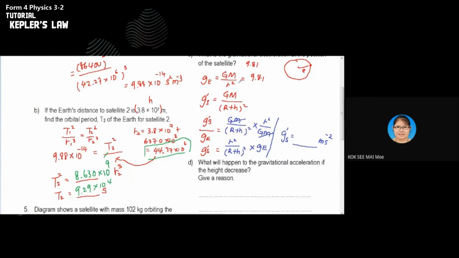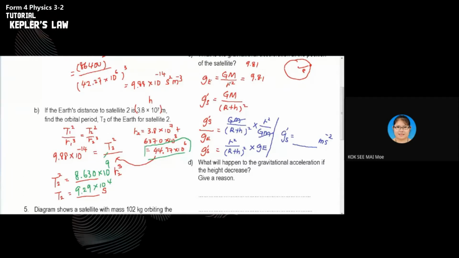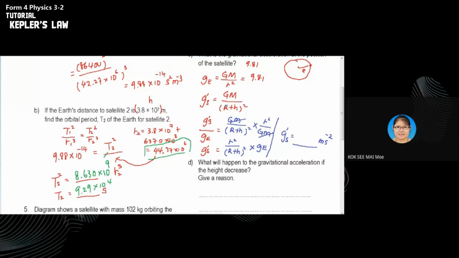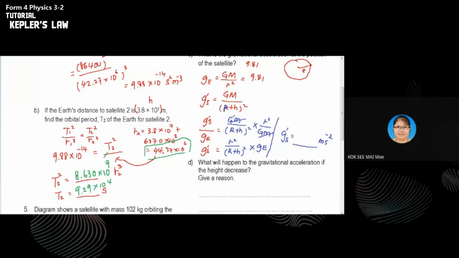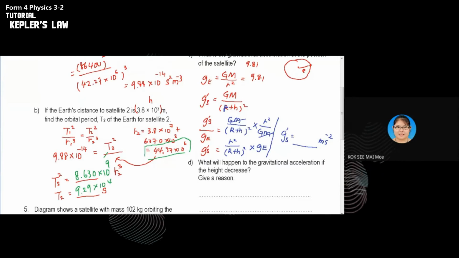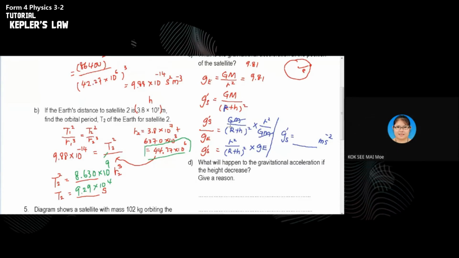Actually, you may be confused and cannot see clearly. This r, I need to use the small r, I cannot use the big R, because small r represents the radius of the Earth.